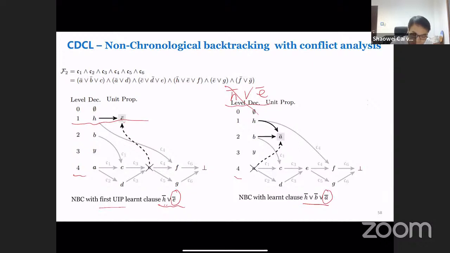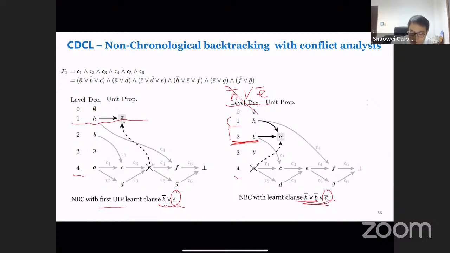For the remaining literals, we backtrack to the largest level among them. Here, H is at level 1, and B is at level 2. So we backtrack to the largest of these levels, level 2.